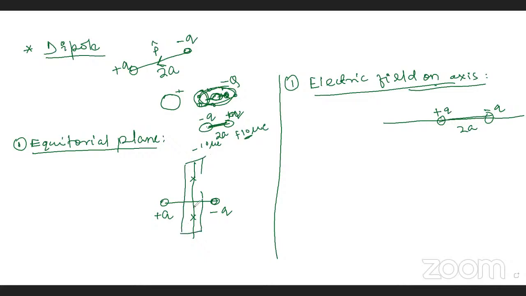On this equatorial line, we will find the electric field at any point. So two cases we'll find: one is the axis of the dipole, and another is the equator of the dipole. The first one is the electric field on the axis of the dipole.